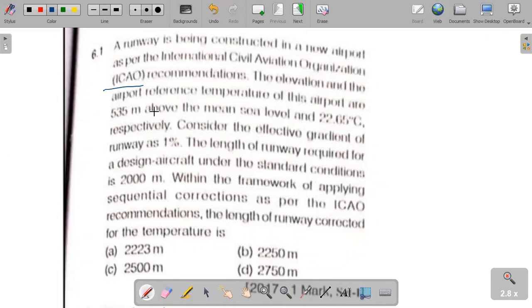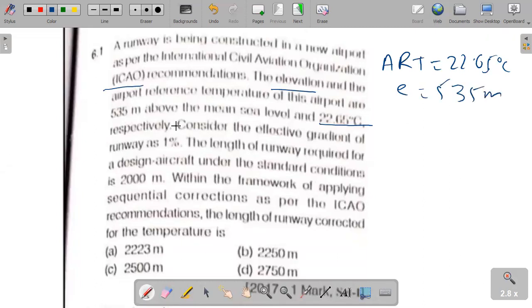The airport reference temperature, that is ART, is given as 22.65 degrees Celsius, and the elevation is 535 meter above the mean sea level.